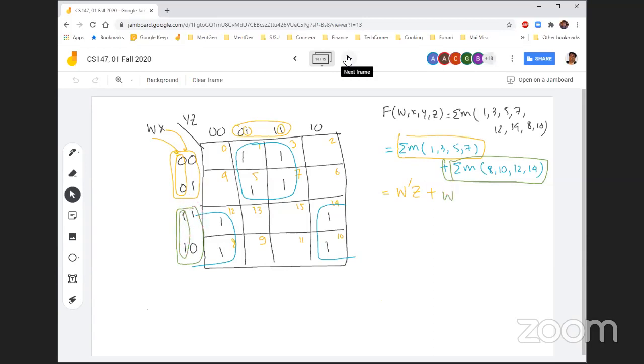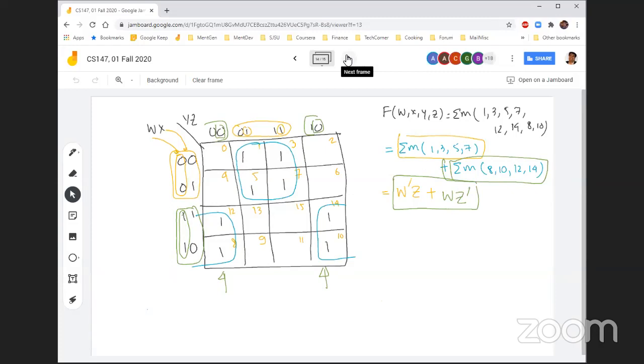And between this column and this column, z is constant at 0. Y is changing 0 and 1, so it becomes z bar. So this big function is optimized and reduced to w bar z or w z bar.